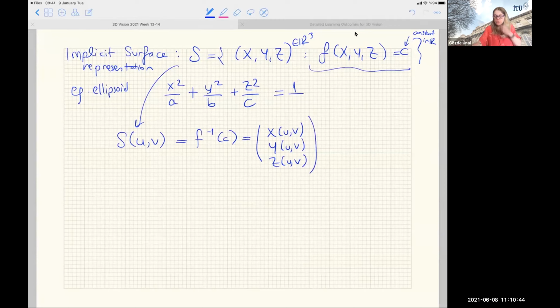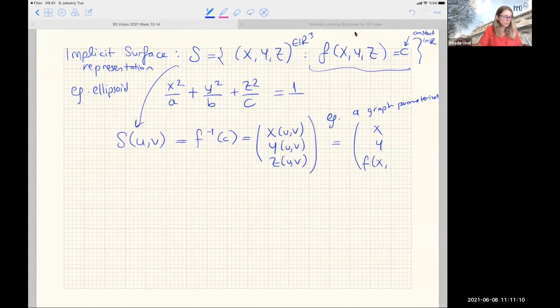Or we talk about, for instance, an implicit parameterization. I can say x, y, for instance, f(x, y). This is called a graph parameterization of a surface. Maybe you have talked about this before in some other calculus course. I'm talking about a z here.